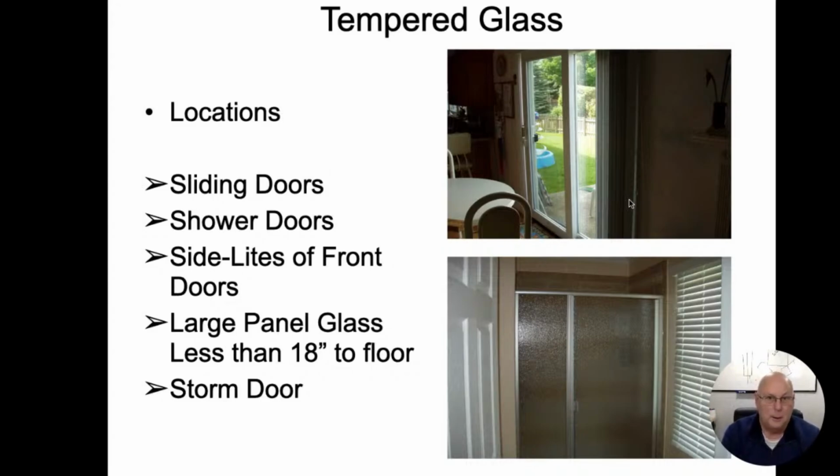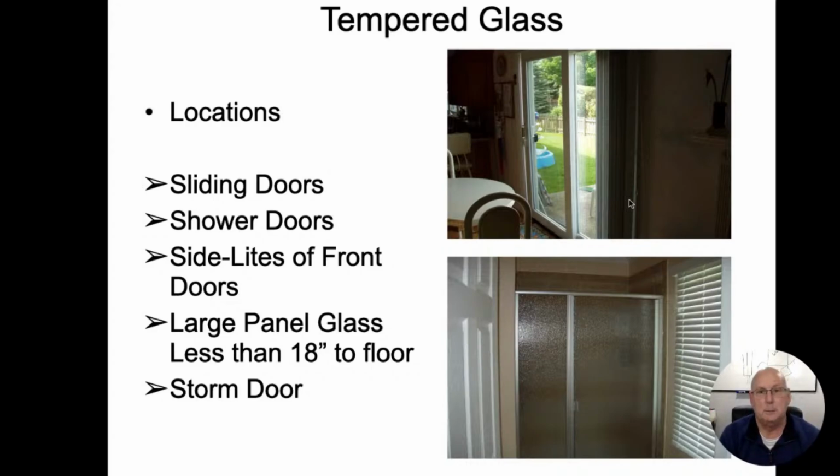Now, I'm not sure if they change the rules in the state exam when you take it or not. So that I can't answer, and I can only share what I know at the time and what I know of the questions now. All right. So any window that's bigger than 9 square feet, any piece of glass that's bigger than 9 square feet, that has to be tempered glass.